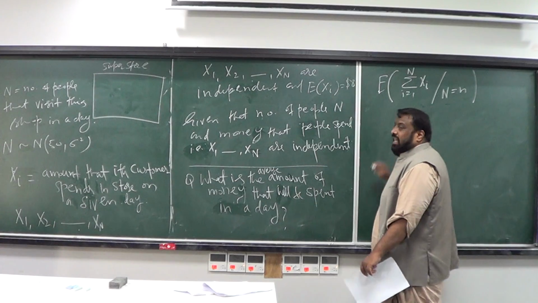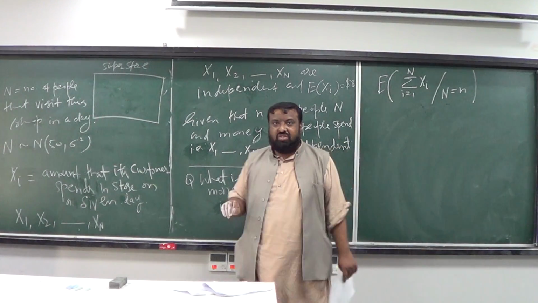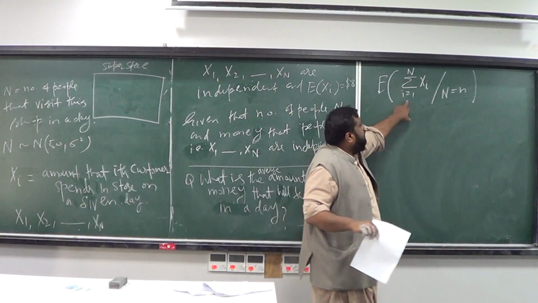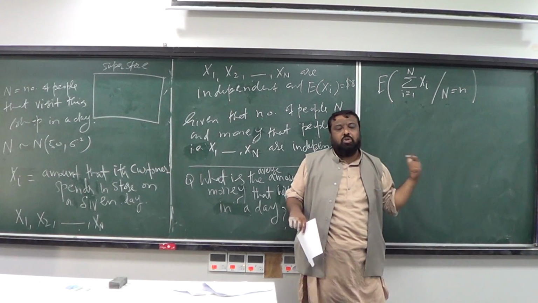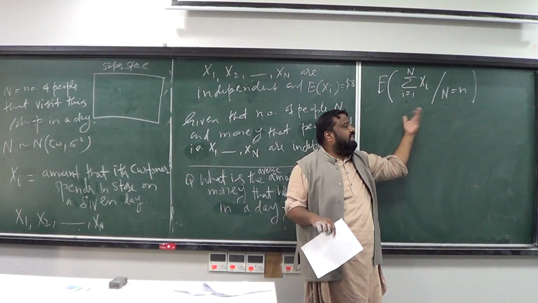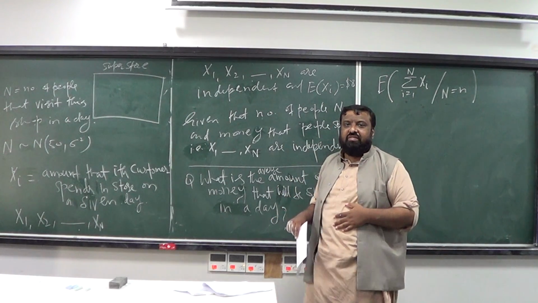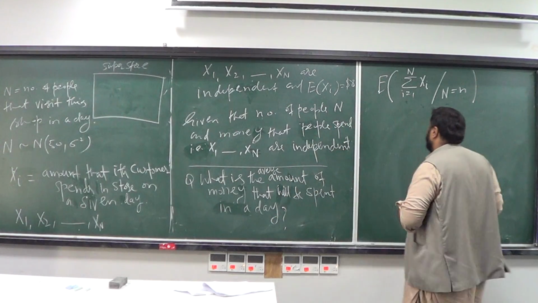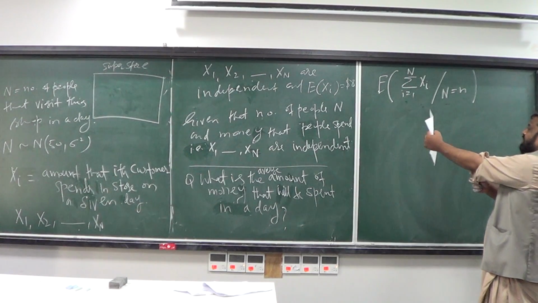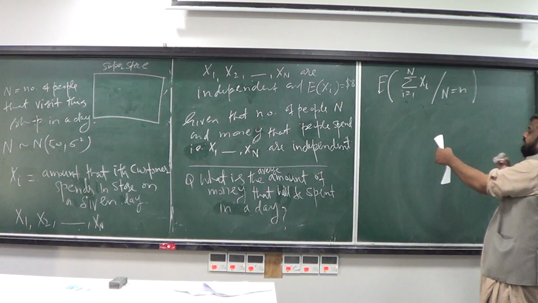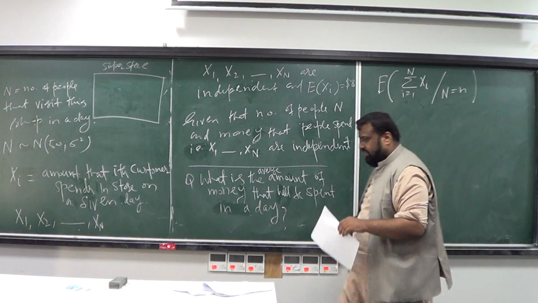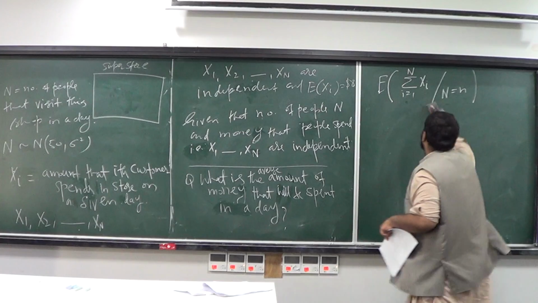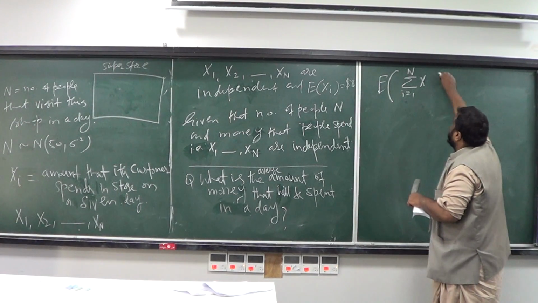So this is the average that we would like to calculate. What would be the net spending by the customers on a given day in the shop, given that small n people have visited the shop? Let's calculate this expectation. Sorry, I need to compute the expectation of this sum.